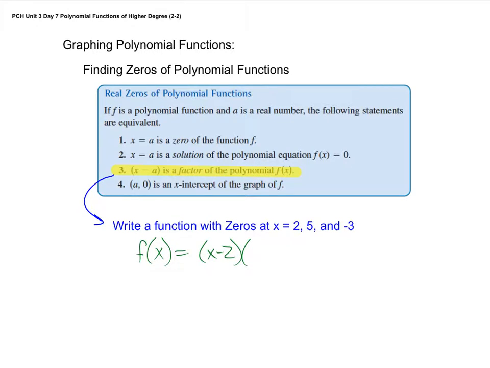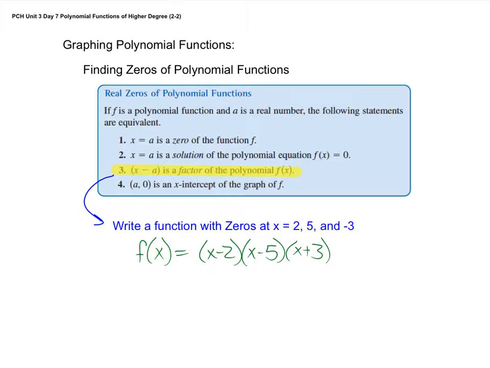And since 5 is a zero, what's another factor? X minus 5. And what's my last factor? X plus 3. Okay, x minus a negative 3. So that is a function that has zeros at 2, 5, and negative 3.